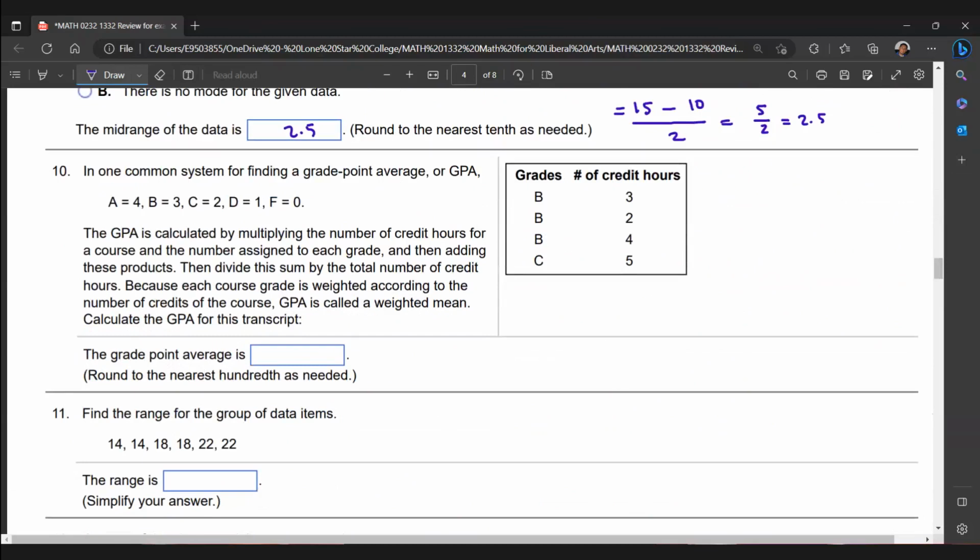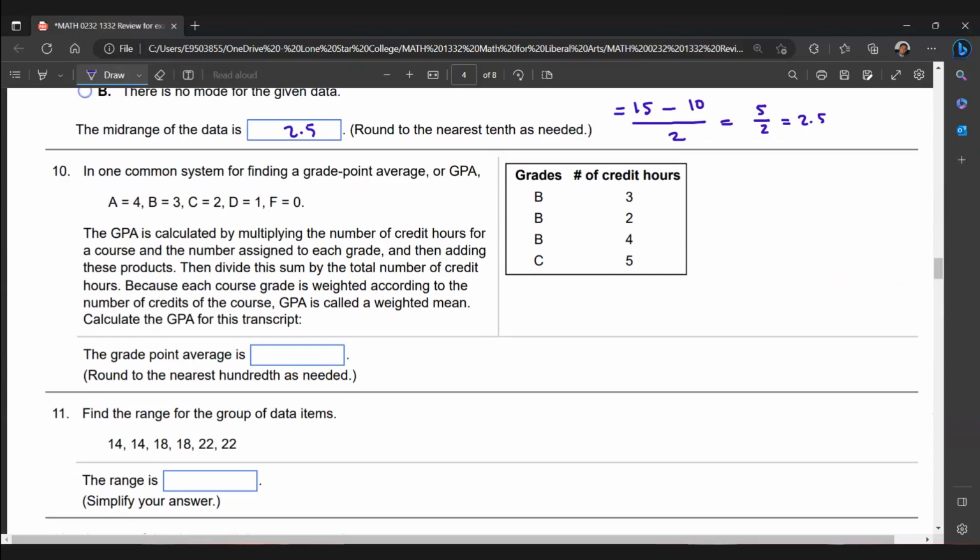The GPA is calculated by multiplying the number of credit hours for a course and the number assigned to each grade, and then adding these products. Then divide this sum by the total number of credit hours. Because each course grade is weighted according to the number of credits of the course, GPA is called a weighted mean. Calculate the GPA for this transcript.